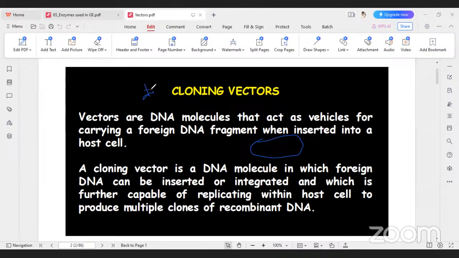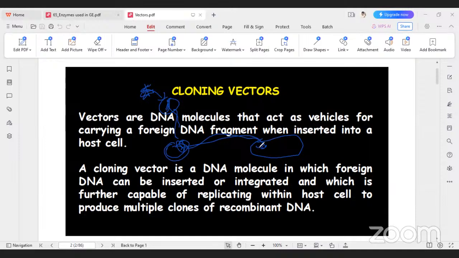This is the one organism, from which you separated the desired gene. This gene is carried by one vehicle towards the host cell. So basically, the genome DNA is inserted with this desired gene and transferred into another cell. So this is called gene cloning.